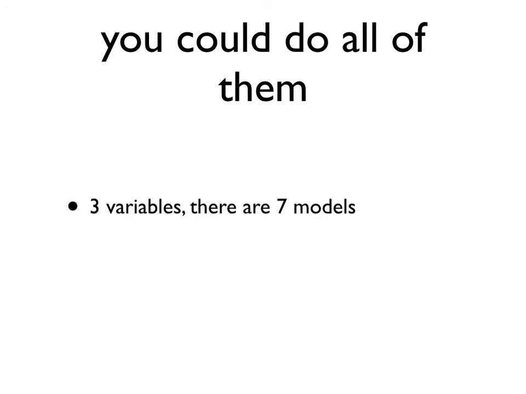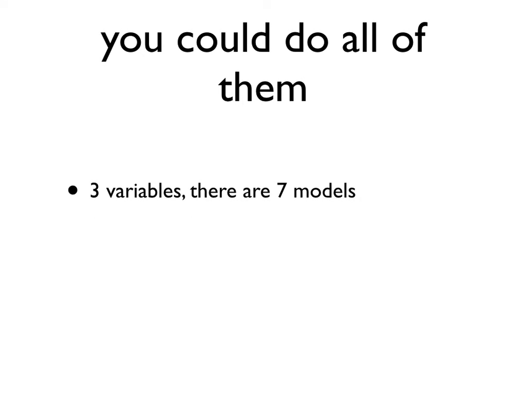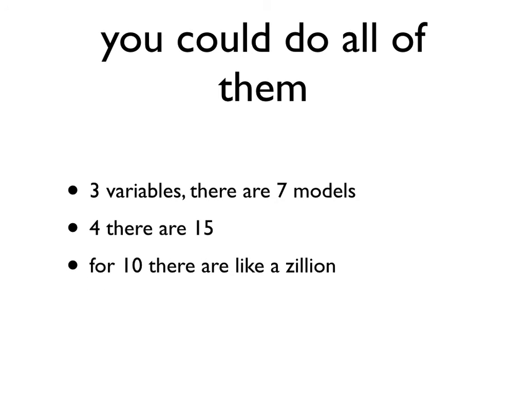The problem is, let's say if there are 3 variables, x1, x2, x3, there are 7 models, without throwing in interactions. I could look at all 7. If there are 4 variables, there are 15. Well, yeah, 15 I could compare. For 10, I believe the number is a zillion.